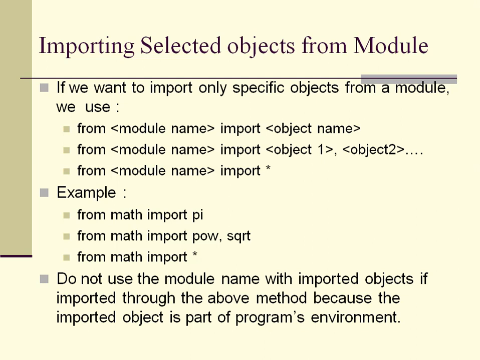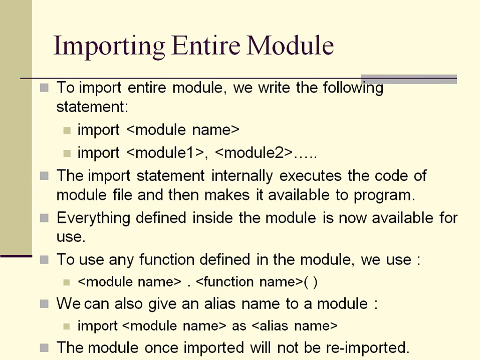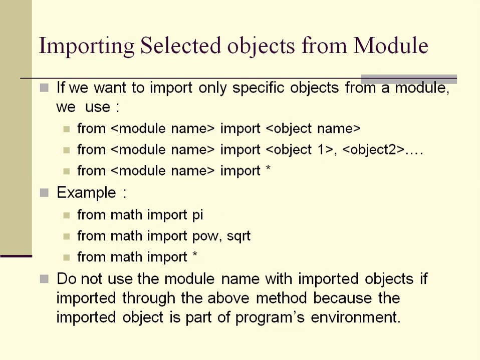So the basic difference between the two approaches, what are the two approaches? The first one is importing the entire module, and the second is importing selected objects from the module. The basic difference is that here you do not use the name of the module with the objects, because those objects are now the part of your program environment.